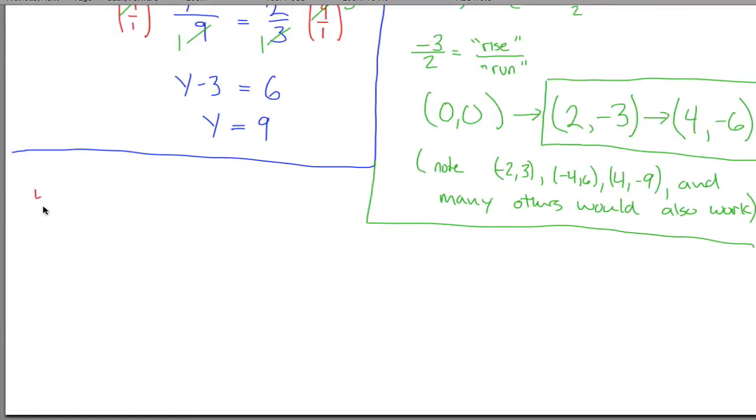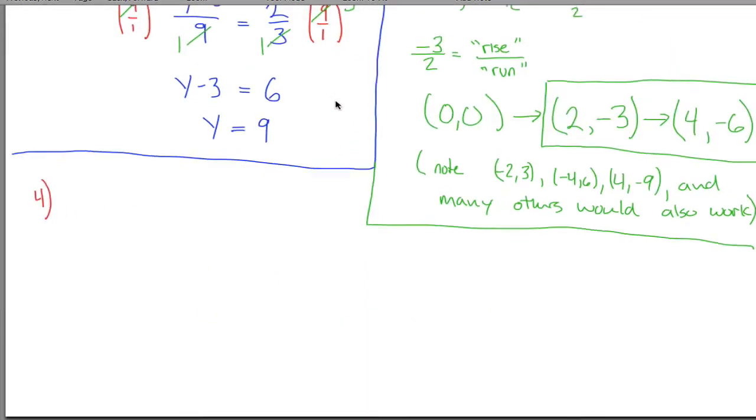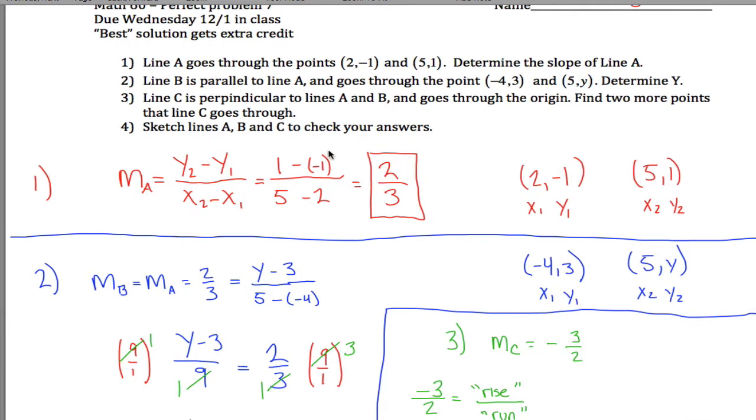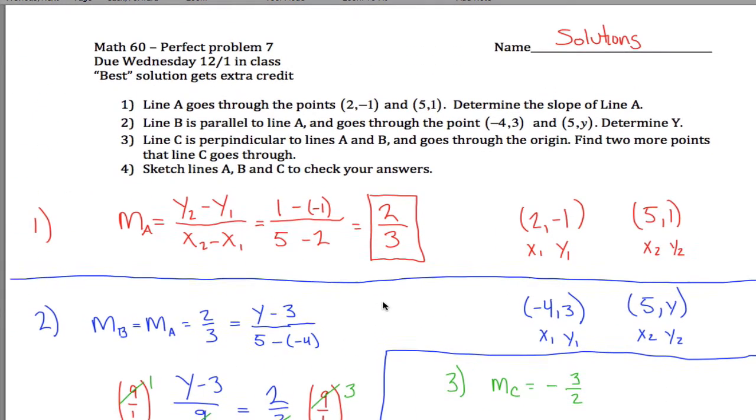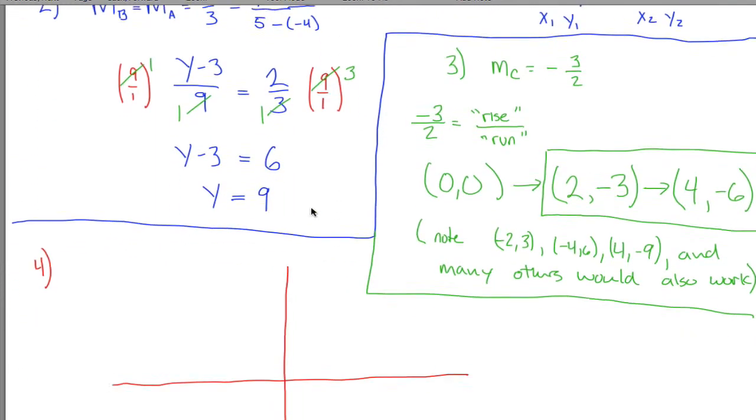All right, part 4 here. Basically what we're asked to do is sketch lines A, B, and C. And then we can use that to check our answers. So let me draw some axes here. Line A goes through the points 2, negative 1, and 5, positive 1.